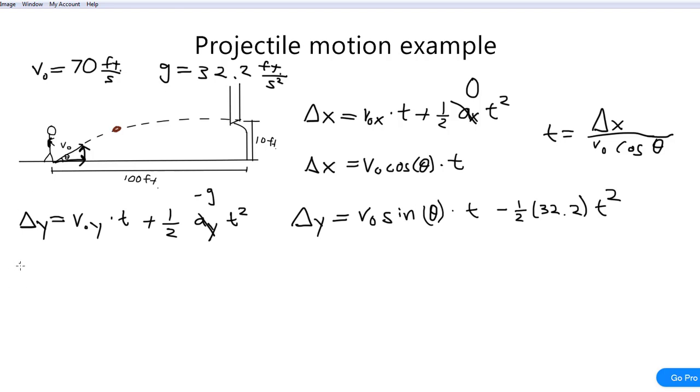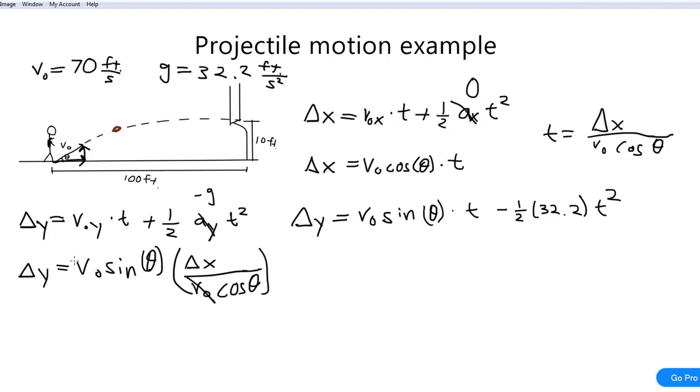Anyways, delta y is then going to equal v naught sine of theta, and then we have delta x over v naught cosine of theta. The v naughts cancel.